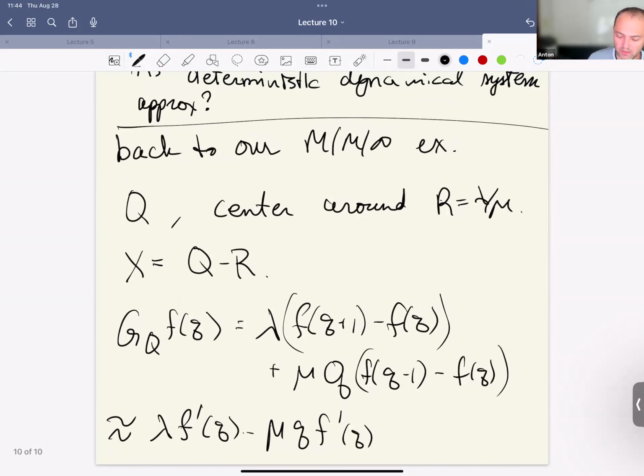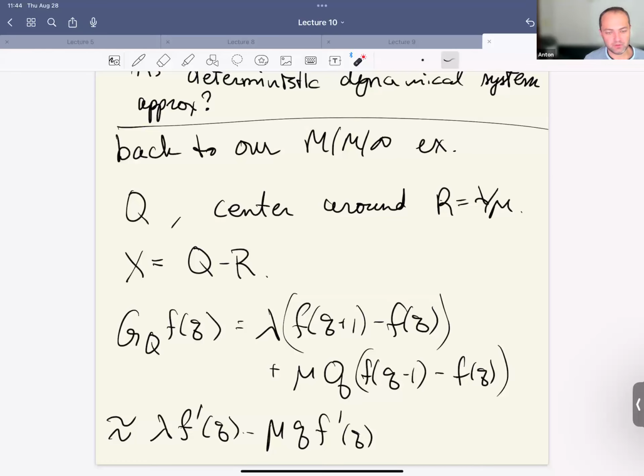And if we look at the uncentered version of the fluid model, we basically have a deterministic drift upwards and a deterministic drift downwards. And when motivating the centering, I said we want to solve for the equilibrium point, where the drift up is equal to the drift down. So if we don't do the centering, we can still talk about the fluid model, but the fluid model is going to converge to the point q equals lambda over mu.